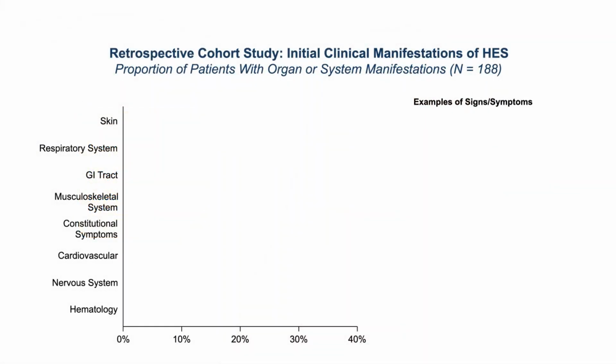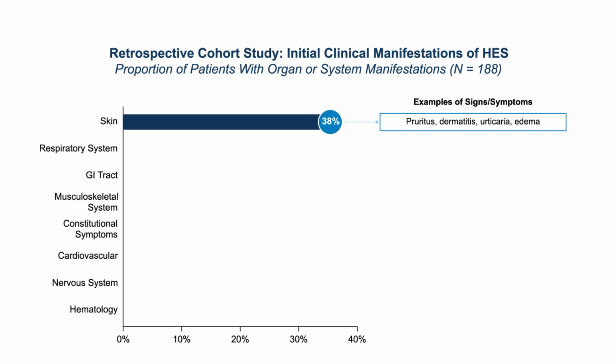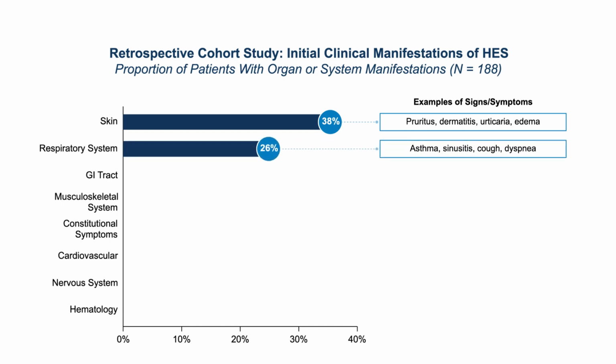There are certain common presentations of hypereosinophilic syndrome that are typically grouped by organ system. In one of the largest retrospective studies of hypereosinophilic syndrome involving 188 patients, the initial clinical manifestations of HES were explored. In that study, they found that the skin was the most involved organ system affected in 38% of patients.